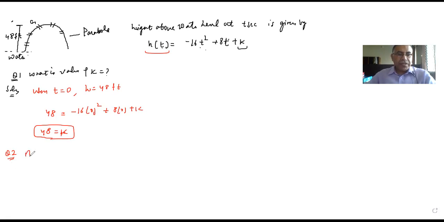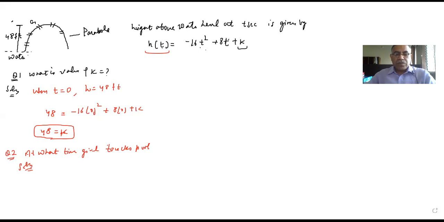My second question is, at what time girl touches the pool? So when height is 0. So he's saying when height is 0, the girl will touch the pool.